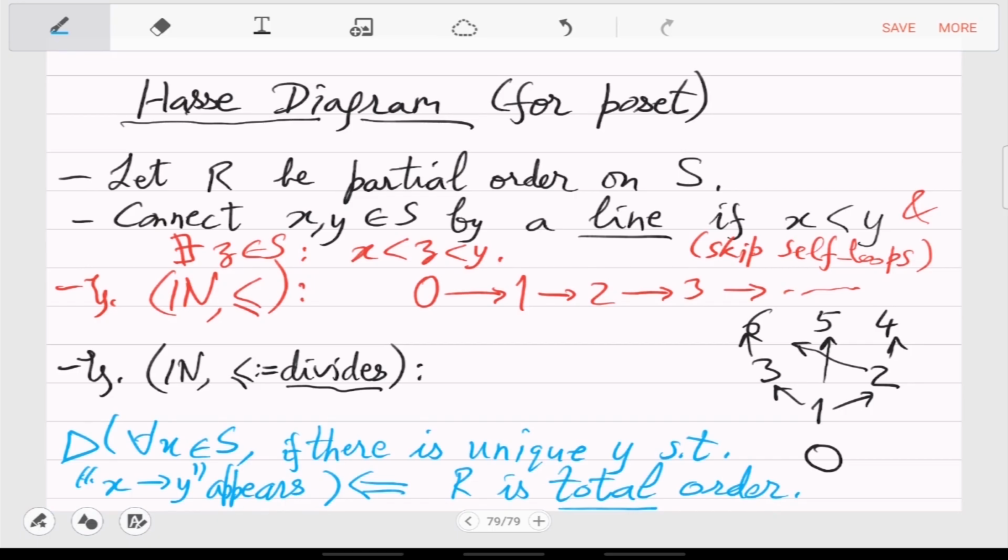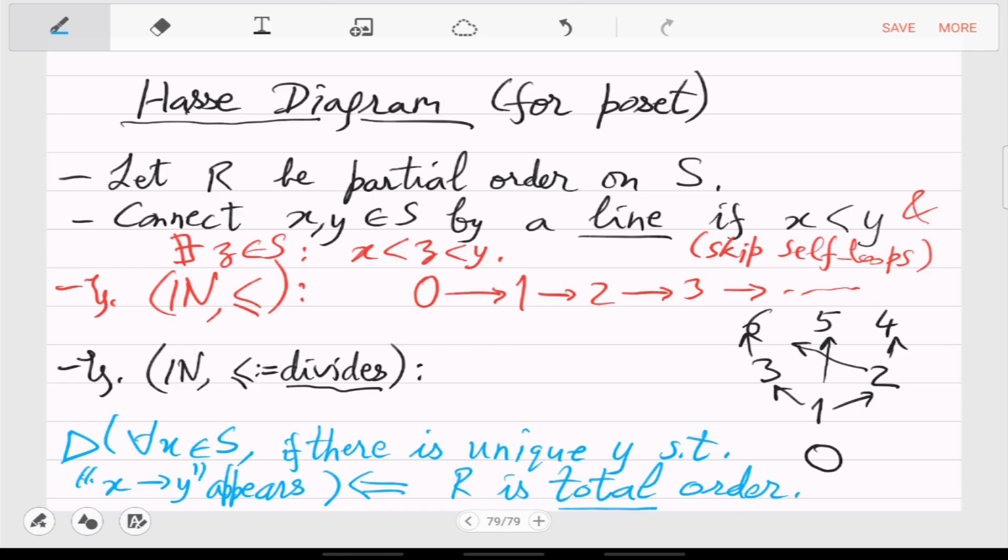So the hint is that you look at this divisibility diagram. So 1 is a counterexample, right? 1 is connected to both 2 and 3. But the reason it's connected is because 2 and 3 are unrelated. If 2 and 3 were related, what would have happened? Yeah, so say the arrow goes from 2 to 3, then 1 to 2 to 3 is a longer path, right? So you don't need to connect 1 and 3.